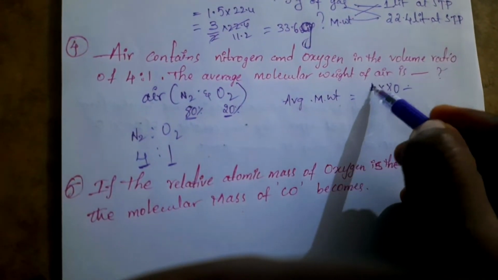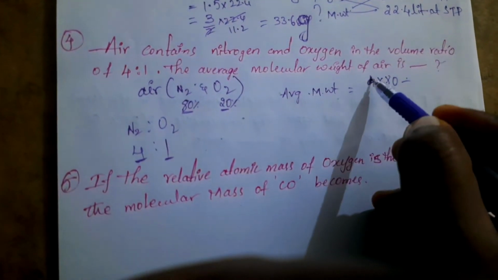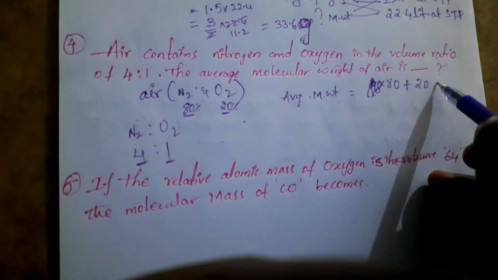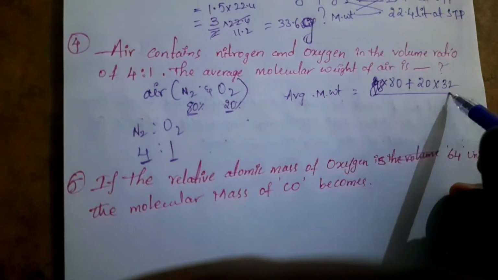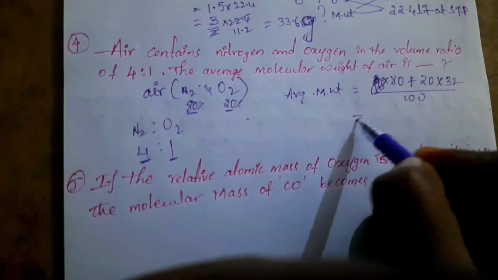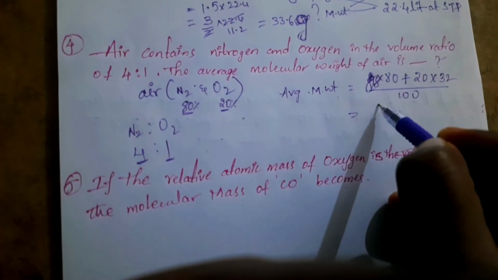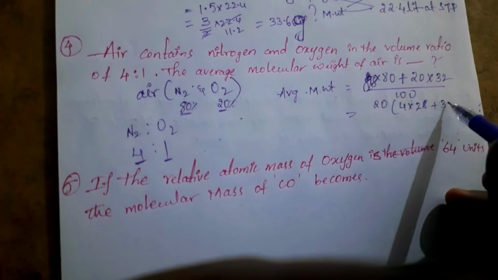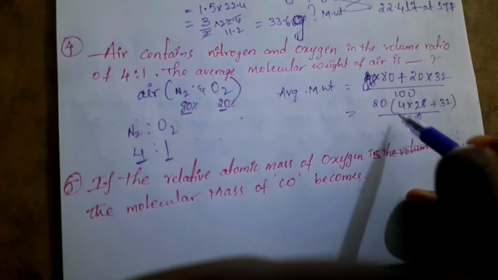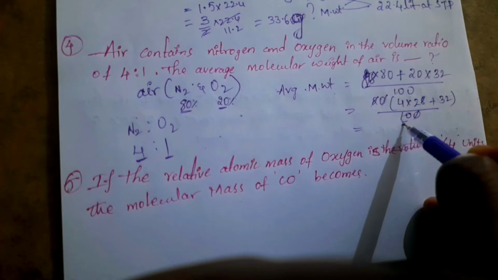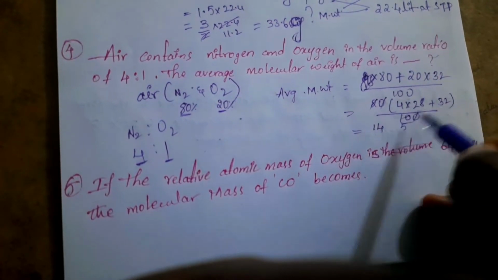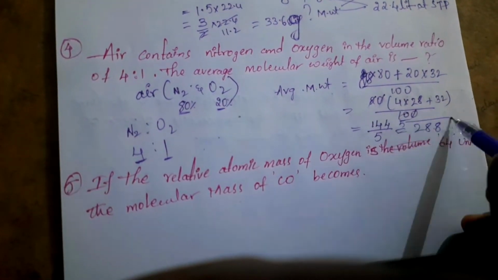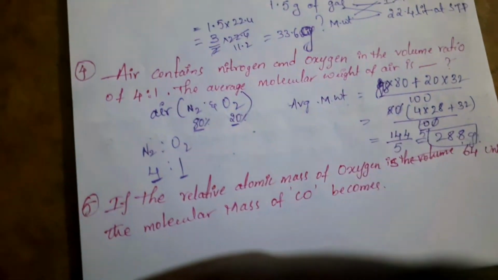Then 80% of nitrogen is there, whose molecular weight is 28, plus 20% of oxygen, 20 into 32, divided by the total percentage, 100. Take 20 as common. So it is 4 into 28 plus 32, divided by 100, the zeros get cancelled, 2 fives. So it is 144 by 5, which is nothing but 28.8 grams, the weight of the air.